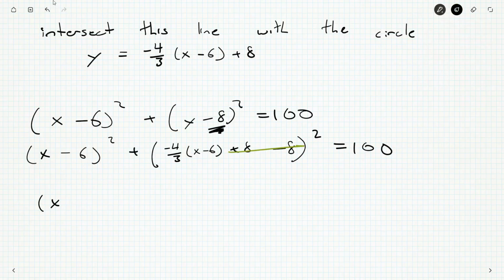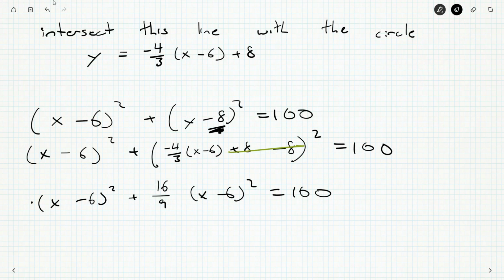And look at that, we've got (x minus 6) squared plus the negative 4/3 squared is going to become a 16 over 9, times (x minus 6) squared again. This (x minus 6) squared at the front is really 1 times that, but we could write the 1 as 9 over 9.